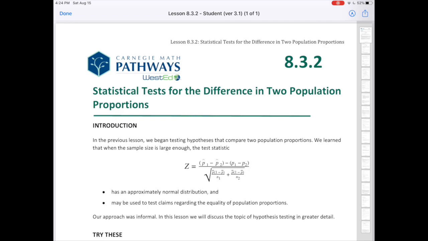This has an approximately normal distribution and may be used to test claims regarding the equality of population proportions. Our approach was informal. In this lesson, we will discuss the topic of hypothesis testing in greater detail.